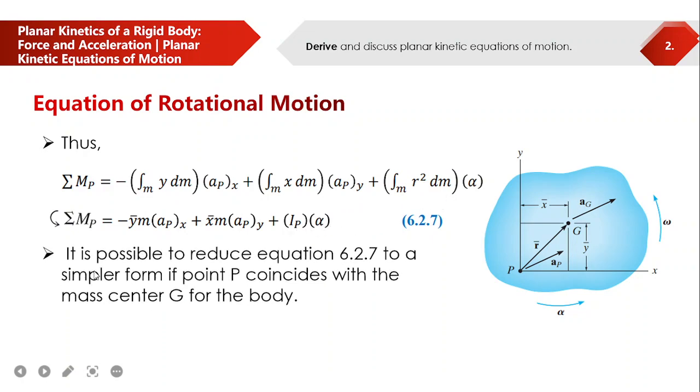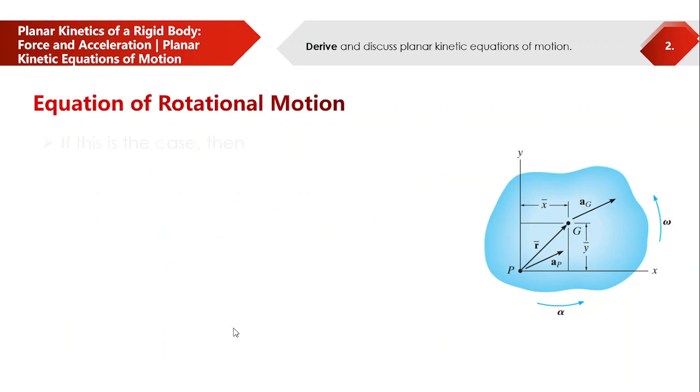So it is possible to reduce equation 6.2.7 to a simpler form if point P coincides with the mass center G for the body.